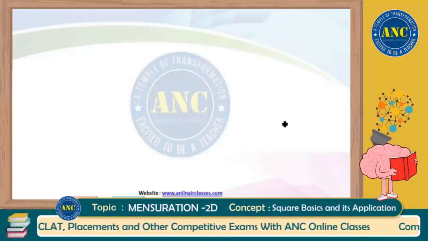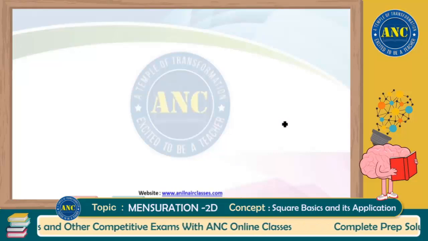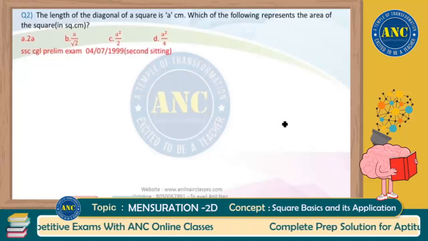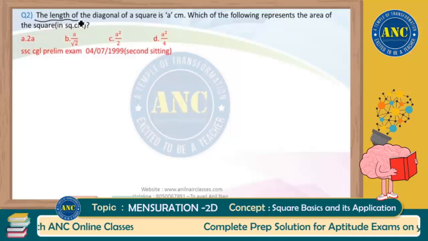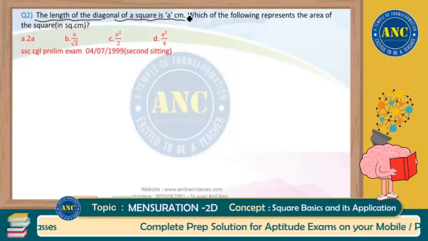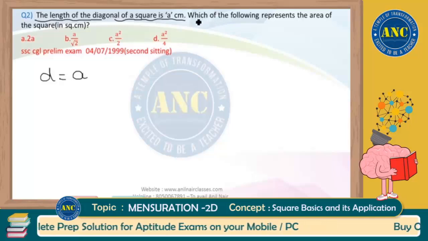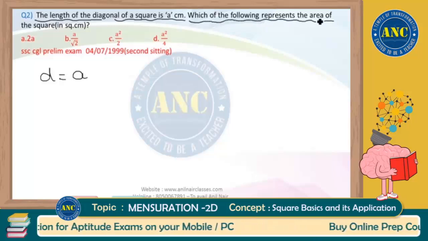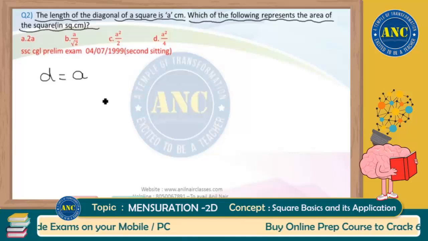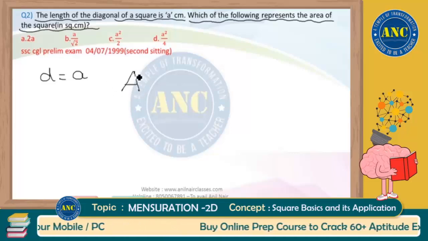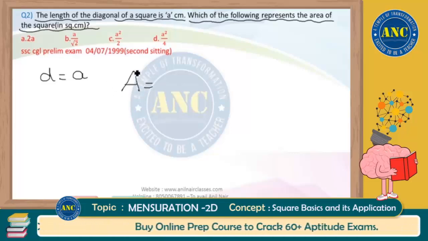Now, second question. Second question also is a very straightforward question. Let us not waste time. The length of the diagonal of a square is a centimeter. Diagonal is given as a centimeter. Which of the following represents the area of the square? Now, I already know the relationship between diagonal and area of a square.